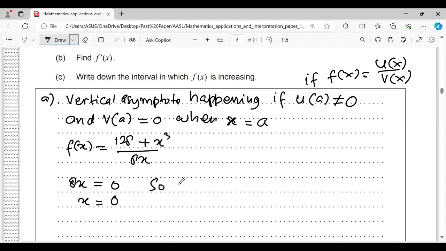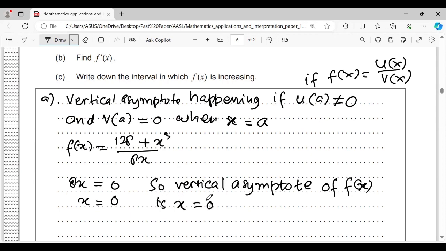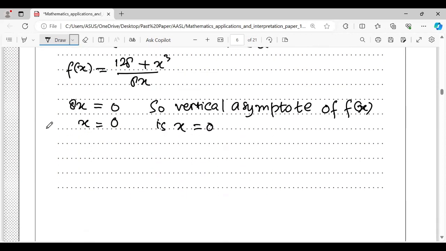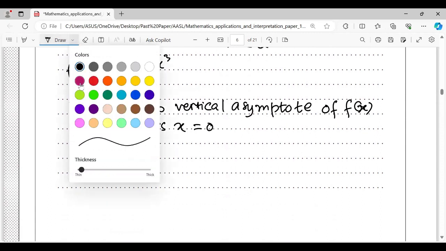So the vertical asymptote of f(x) is x equals 0.